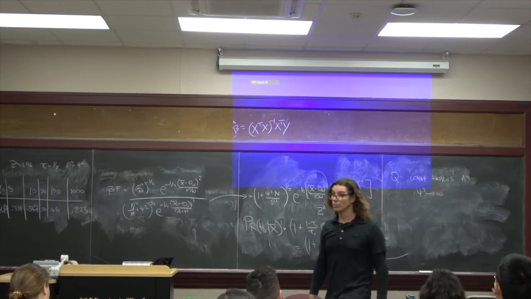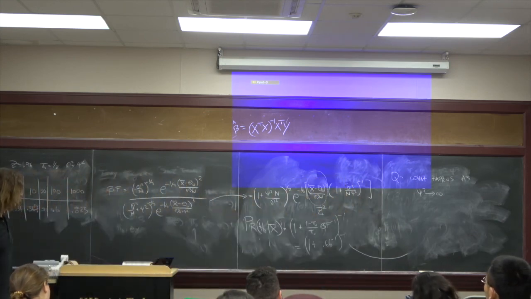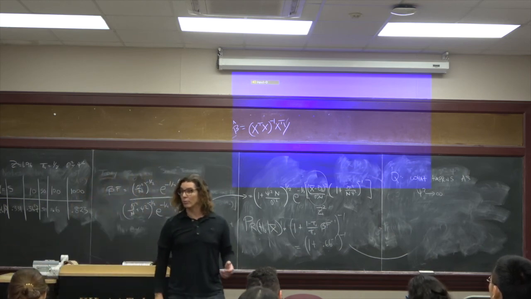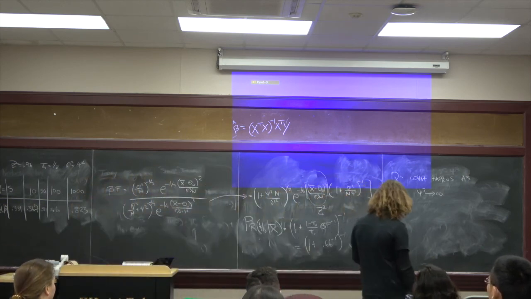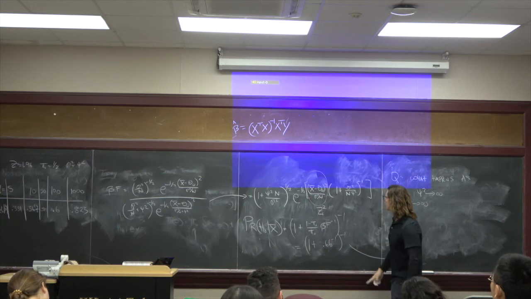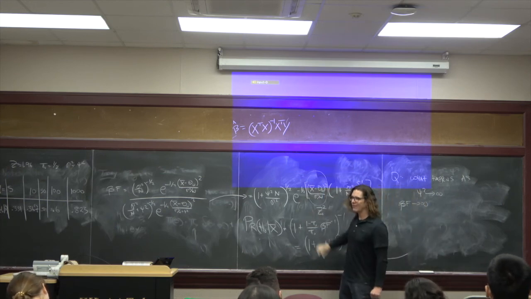What does the Bayes factor do? Goes to infinity. So what does the posterior probability of the null go to? Goes to 1. So the Bayes factor will go to infinity. What you have to do is look at this thing. This thing's becoming 1. This is just a fixed value.